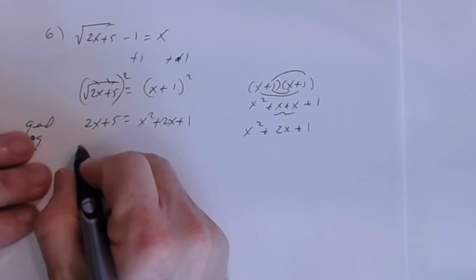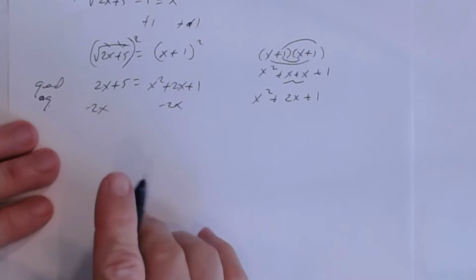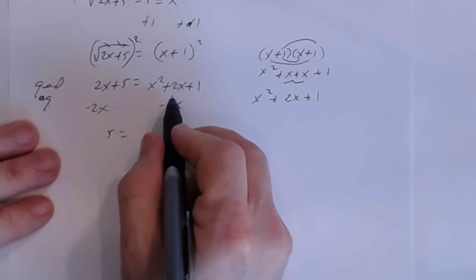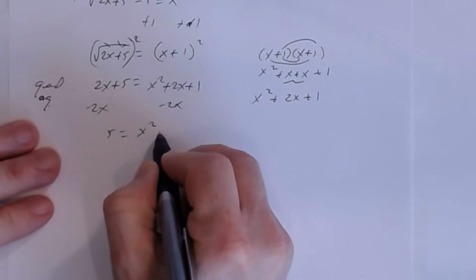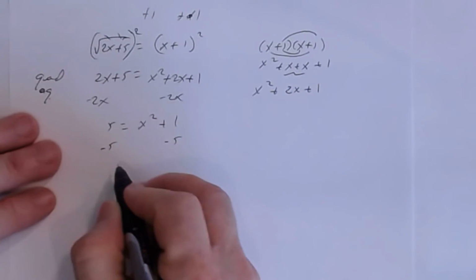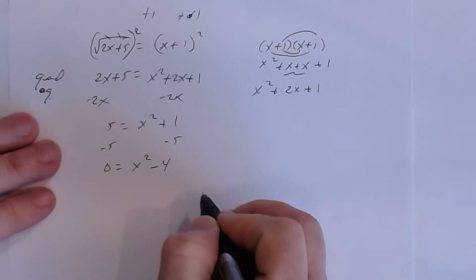So let's go ahead and subtract 2x from both sides, and notice what happens when I subtract 2x from both sides. See this right here, 2x minus 2x is 0, right? And so I get x squared plus 1. Subtracting 5 from both sides, I get 0. 5 minus 5 is 0, equals x squared minus 4.